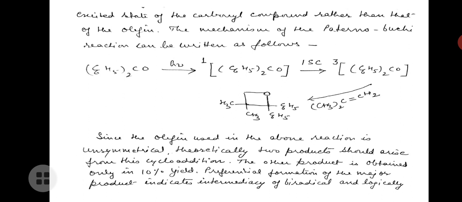We can say that it is the reaction between the ground state of the olefin and the excited state, that is the triplet state, of the carbonyl compound. In this reaction, there is addition of the n-pi star triplet of the ketone to the alkene.